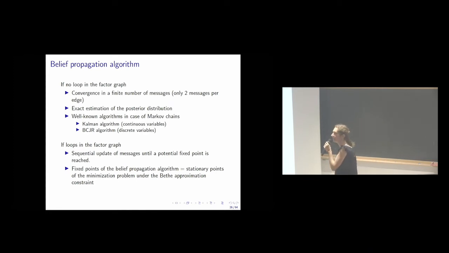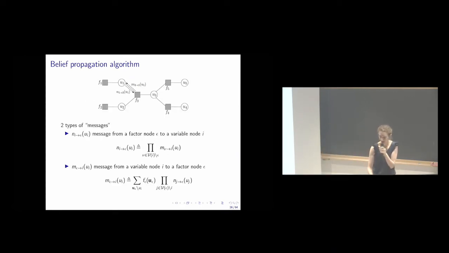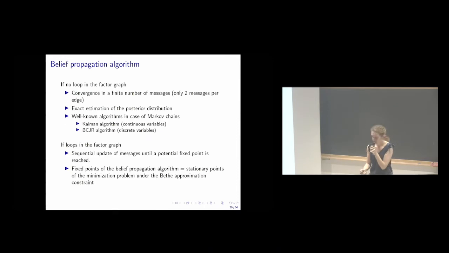And what is maybe interesting for you to see is that if there are no loops in the factor graph, so this was the case in my example, here you have no loop. A loop would be, for example, to link F1 and F2 by a variable node. So if you have no loop in the factor graph, you are ensured to converge in a finite number of messages.